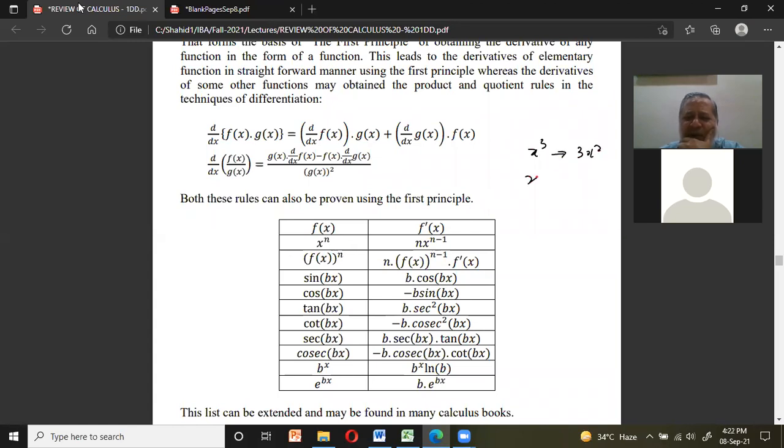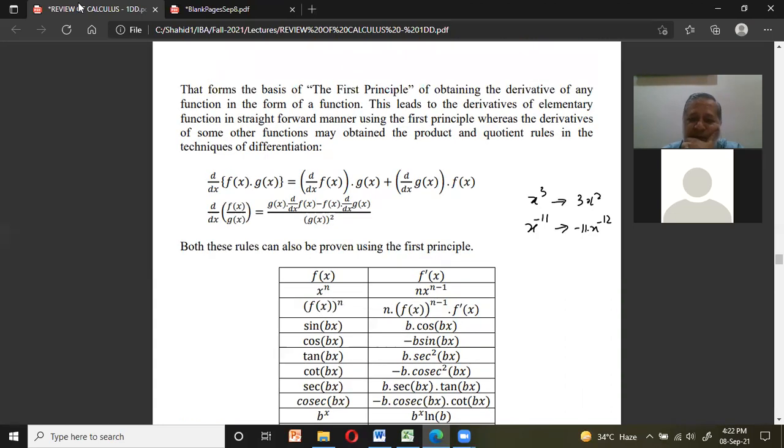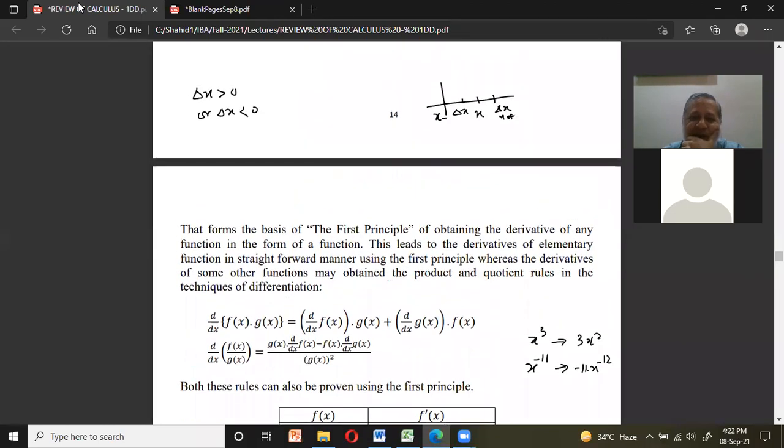If you're talking about x power minus 11, this will give you the derivative as minus 11 into x power minus 12. Power multiplied, power decreased. So this can be proved using the first principle that has been set here.